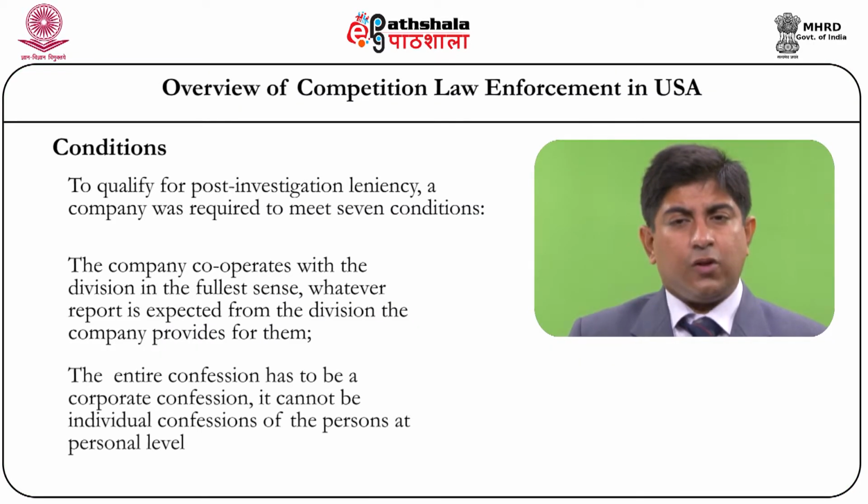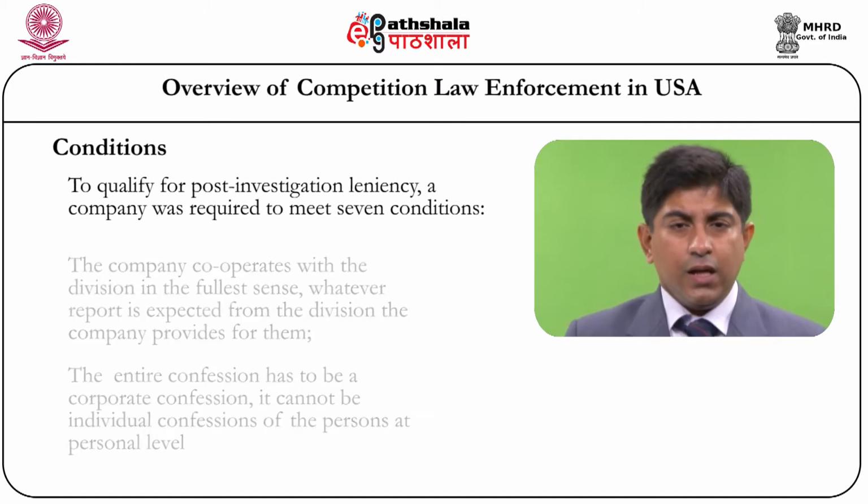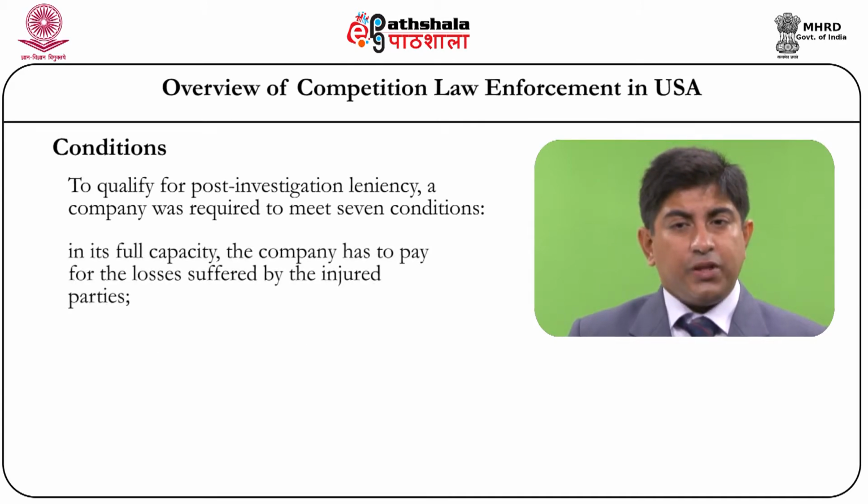The entire confession also has to be a corporate confession. It cannot be individual confessions of persons at a personal level. And in its full capacity, the company has to pay for the losses suffered by the injured parties. In case the losses are not being paid, there are chances that the agency, here the FTC, may not allow the amnesty at the highest level.